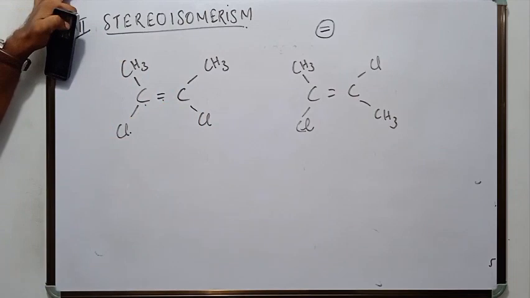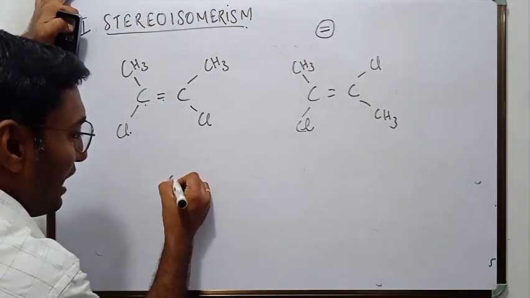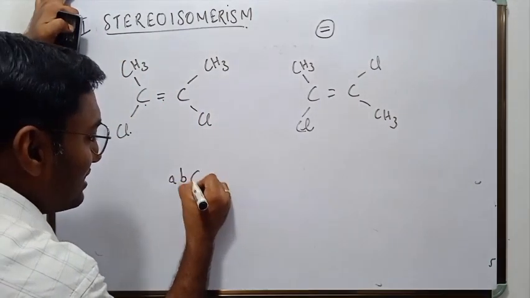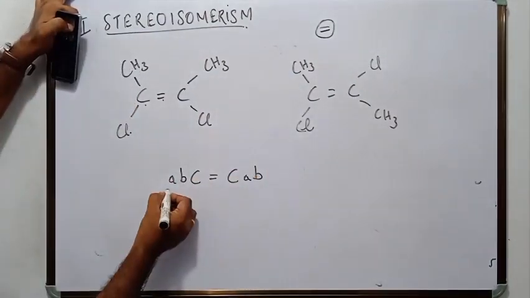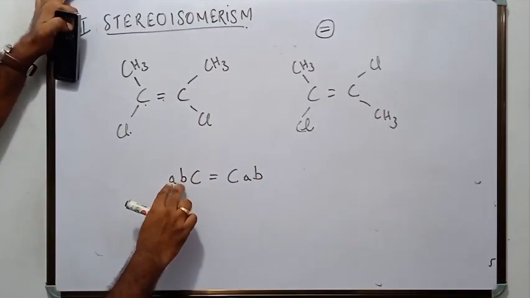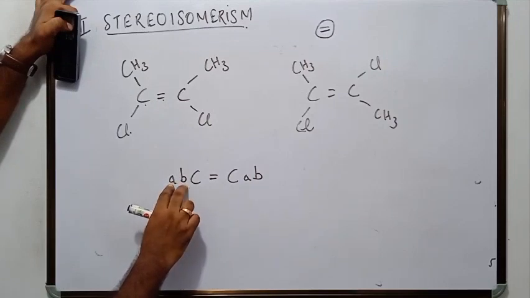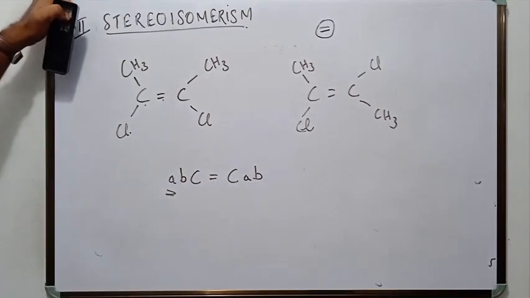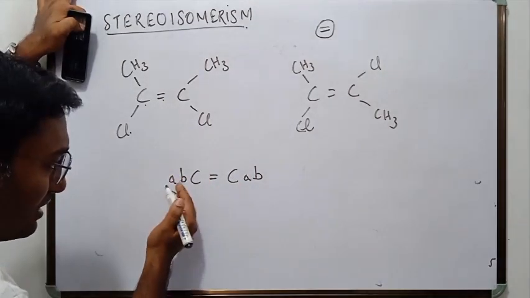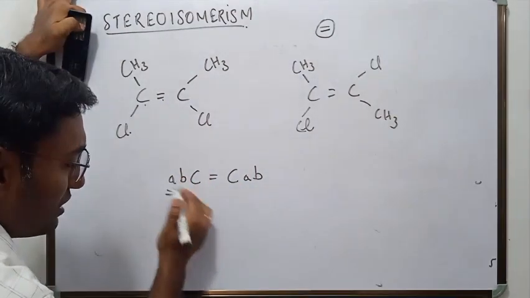So it is shown by alkenes like this, only alkenes like this, which have two different atomic groups or two different atoms on either carbon containing the double bond. Suppose there is a difference on only one carbon atom.